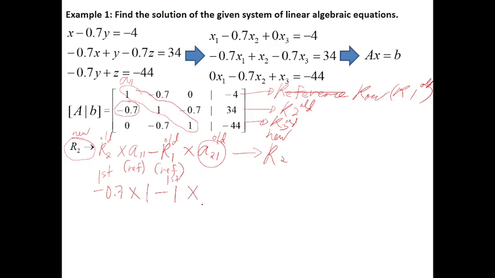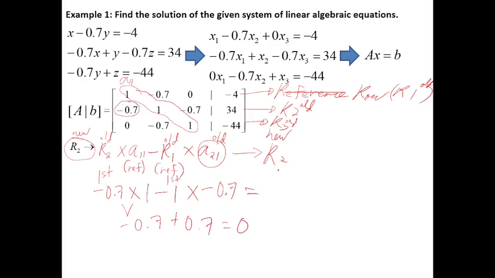And then A21 old, second row, first column, negative 0.7. And then we get what? Negative 0.7 plus 0.7, we get 0. There, it becomes 0.